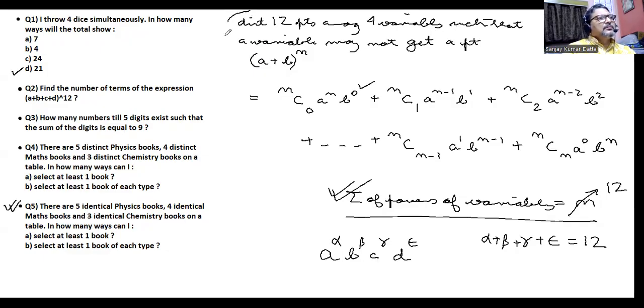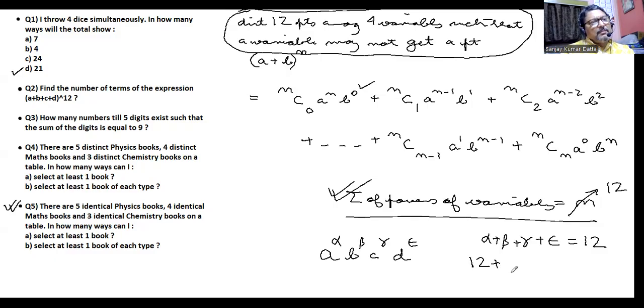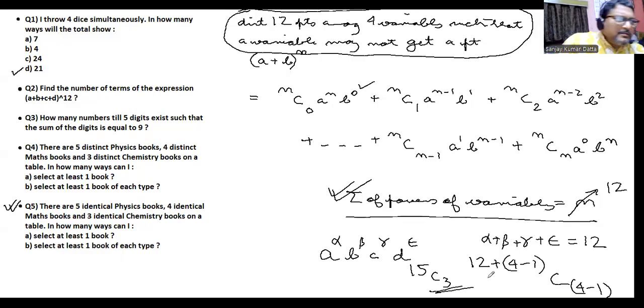Yes or no? That's the thing. And what is this? Case number 1, right? So the number of terms would be very, very simple. 12 is to be distributed among 4 variables. So n plus r minus 1 C r minus 1, that is 12 plus 4 minus 1, which is 15, C 3 is our answer. The values I'm not finding out here because I'm sure you can find them. Got it? So that's the answer to question number 2.